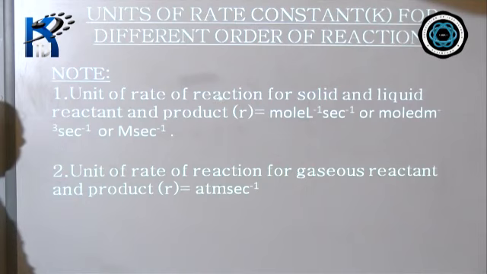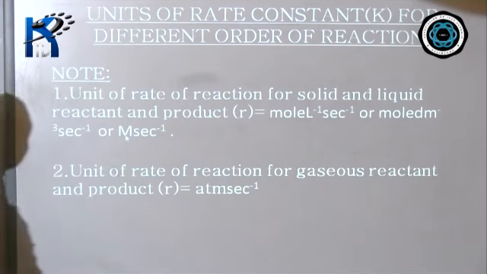The unit of rate of reaction for solid and liquid reactant and product is mol L^-1 s^-1, or mol dm^-3 s^-1, or M s^-1. This M stands for molarity, the unit of concentration, which you learned in lower classes.